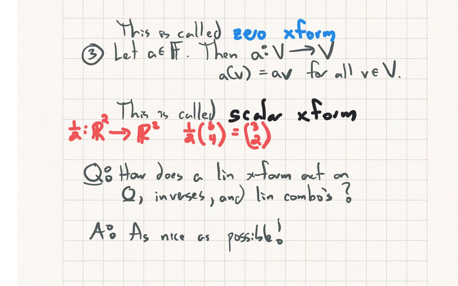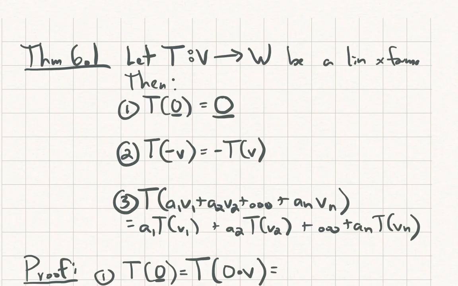And the nice thing about linear transformations is that they act very, very nicely across pretty much all vectors, but we're going to focus on the zero vector, inverses, so your negatives, and linear combinations of vectors. We're going to show that they behave exactly how you would want them to. So we're going to show the following three things in Theorem 6.1 here.